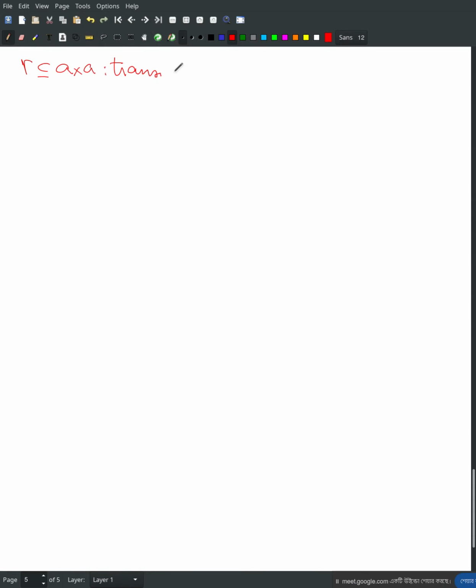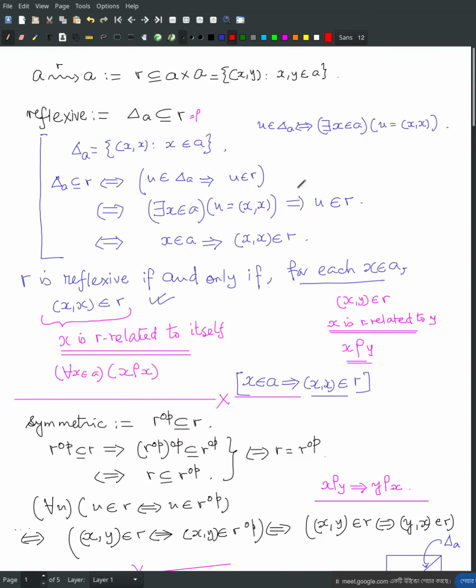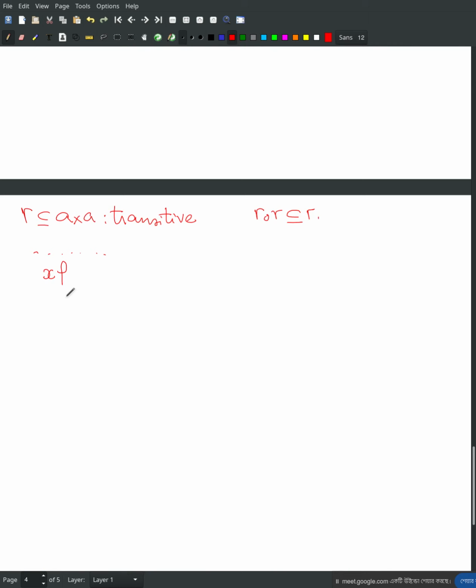The definition is saying R composed R is a subset of R. So after some work, you should be able to see that, in the language which we did, it is usually written as: if x rho y and y rho z, then x rho z.